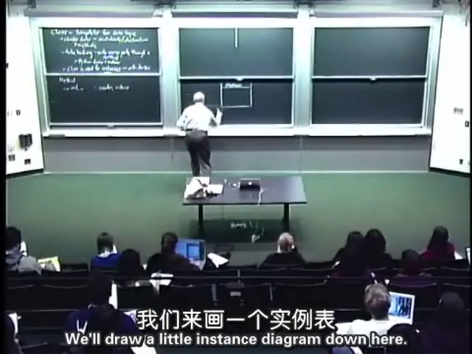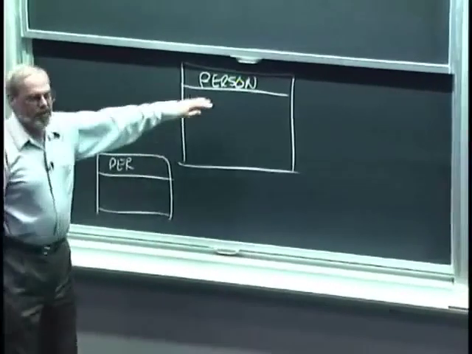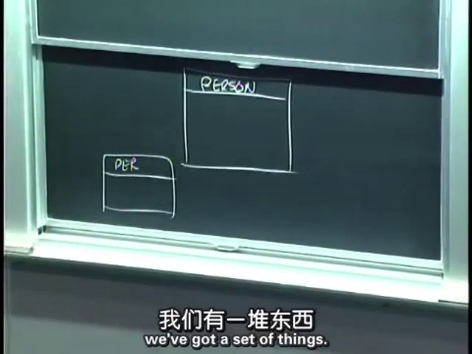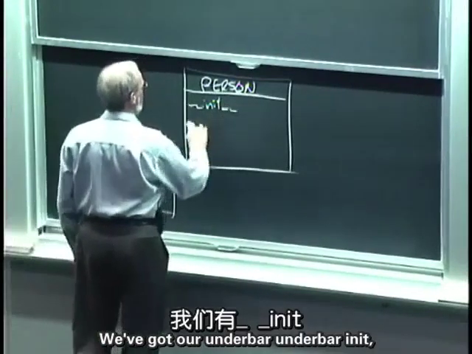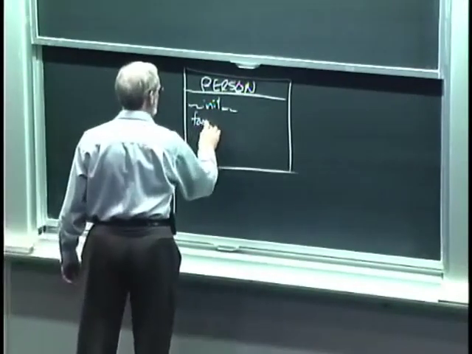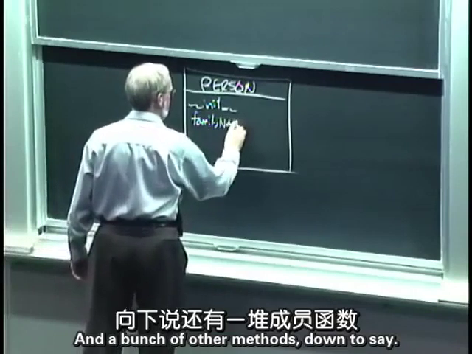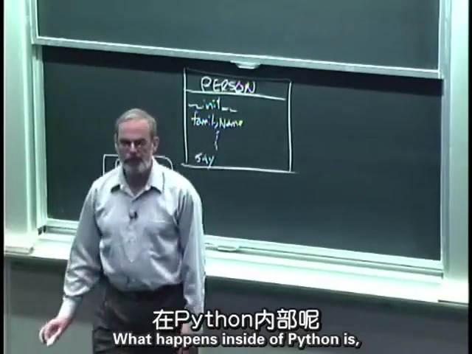So let me draw a little instance diagram down here. I'm going to give it the name per. And I should have said, inside a person, we've got a set of things. We've got underbar init. We've got family name, and a bunch of other methods.